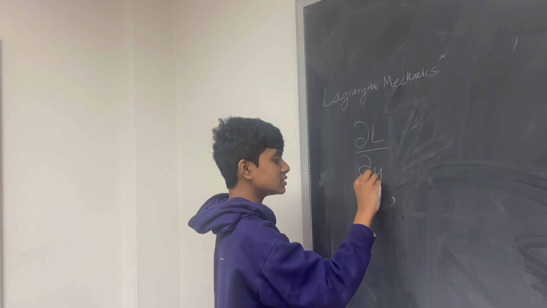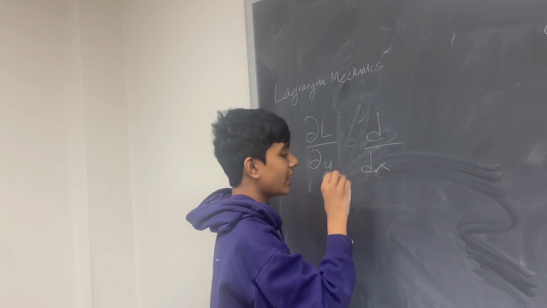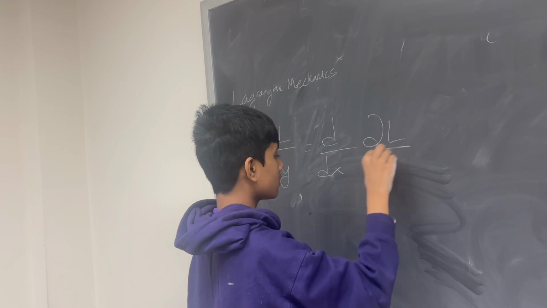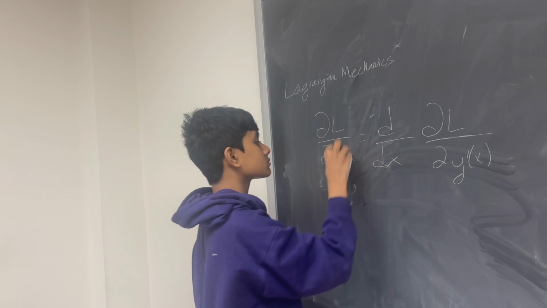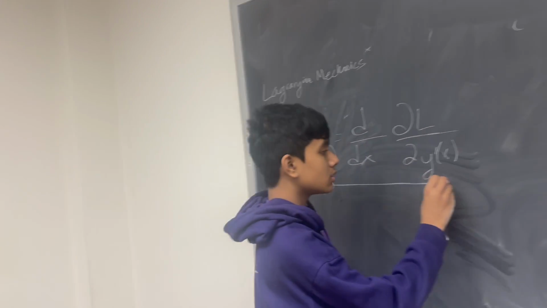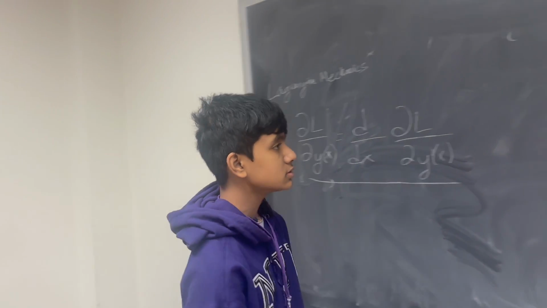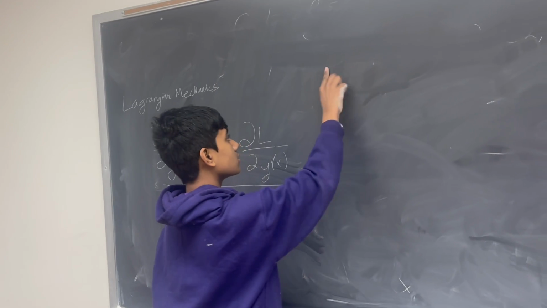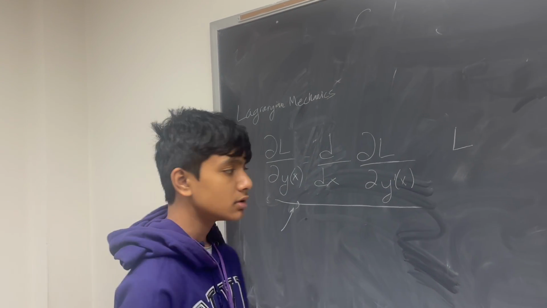You have some function y, which itself is a function of x, and so this equation holds true if you want to optimize L. Now we're going to figure out a specific L that we plug in in order to turn this into the Newtonian mechanics that we already know.